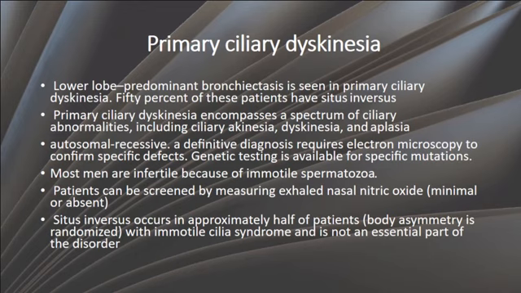It is primary ciliary dyskinesia. The spectrum of ciliary abnormalities includes ciliary akinesia, dyskinesia, or aplasia, and it is lower lobe predominant, and 50% have situs inversus.